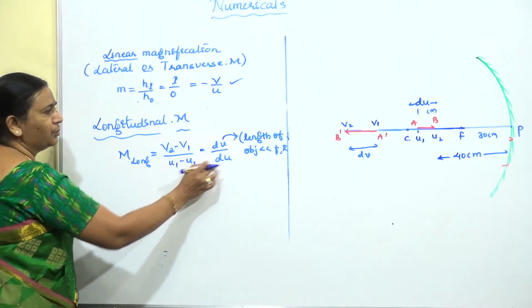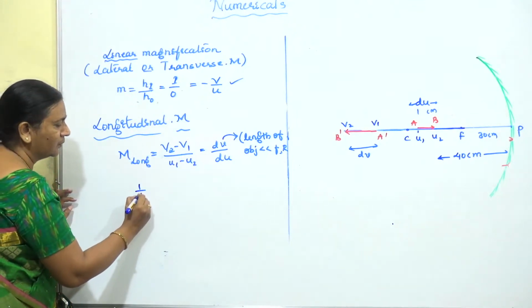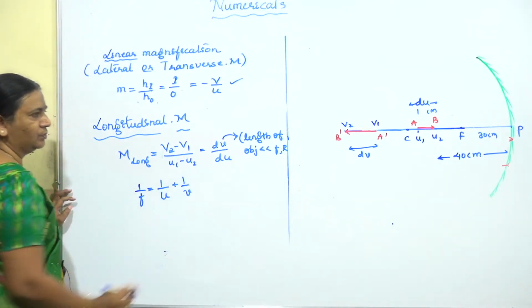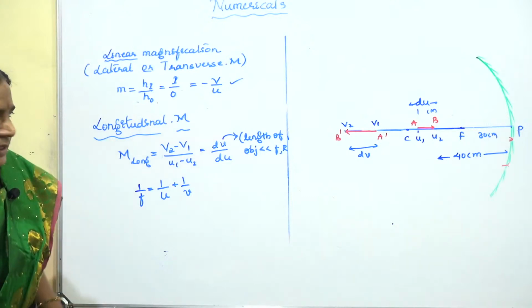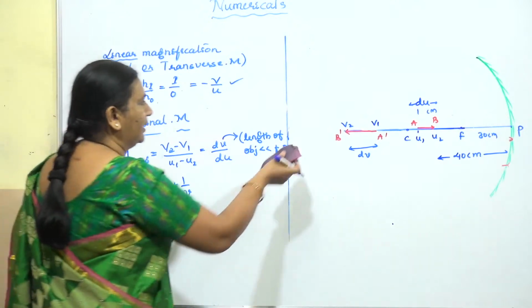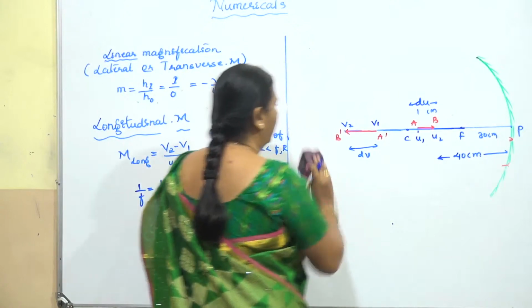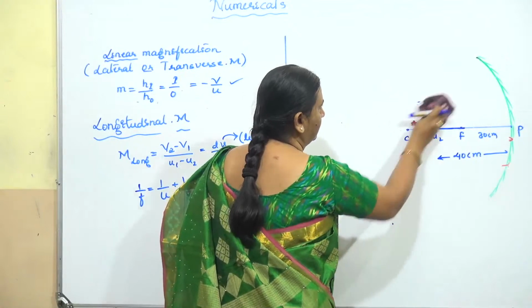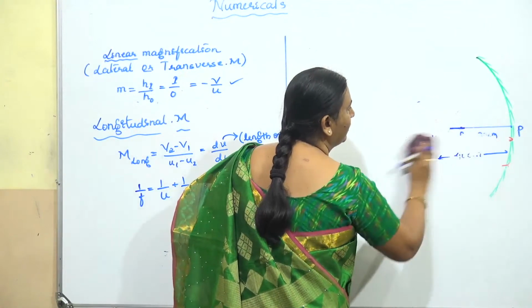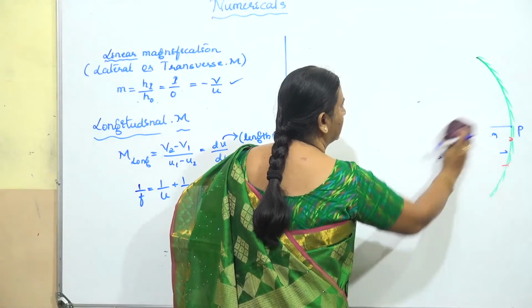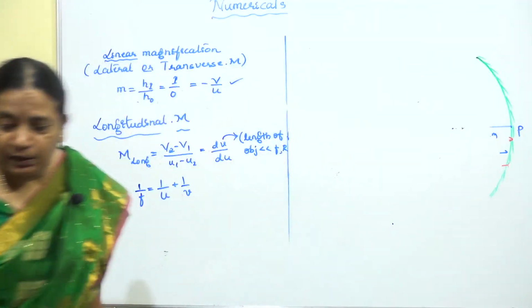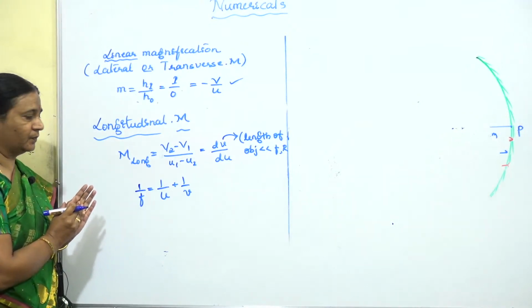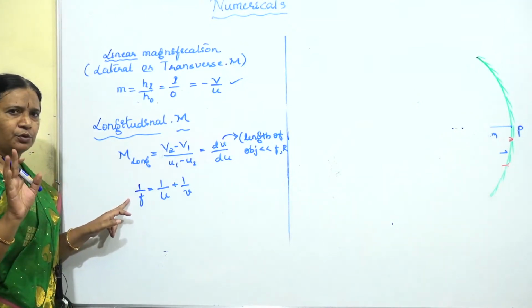So if you want to use this, let us go for our mirror formula. Through this I can give you the formula. Now, if I differentiate this with respect to time, will the focal length change?